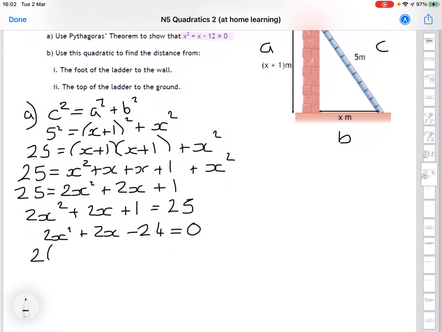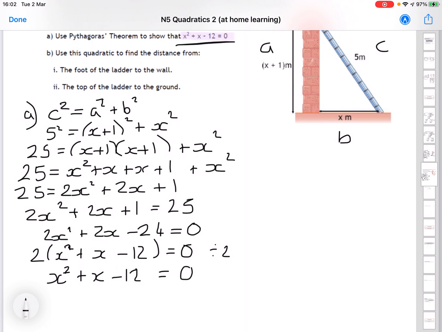They all divide by 2. So 2x squared plus 2x minus 24 equals 0, and if I divide both sides by 2, I get x squared plus x minus 12 equals 0, because 0 divided by 2 is still 0. That is now matching up to what I was asked for, so I can just write as required.